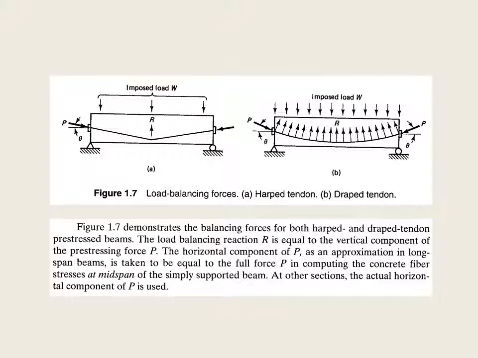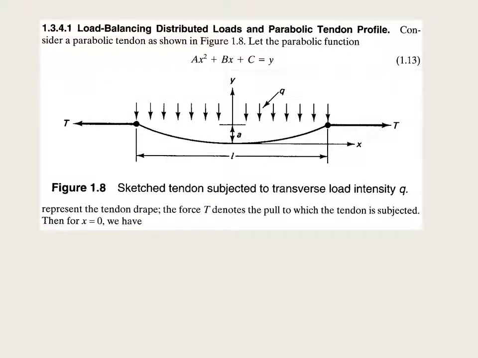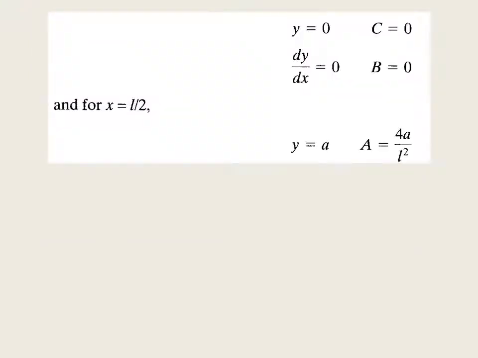It is sort of trying to balance the force downward by force upward. So with the derivative, for x is 0, we have y is 0, c is 0, the derivative is 0, b is 0. For x is L over 2, your y is equal to a, and your a is equal to 4a over L squared.